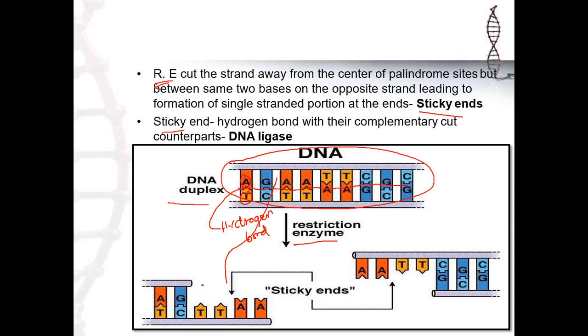Kung mayroong open ends, eventually, itong T, partneran naman ito ng A, the adenine. And then, so mayroon na tayong new DNA, no? So, ito yung sticky ends na sinabi nila. Okay? For that. Let's proceed.